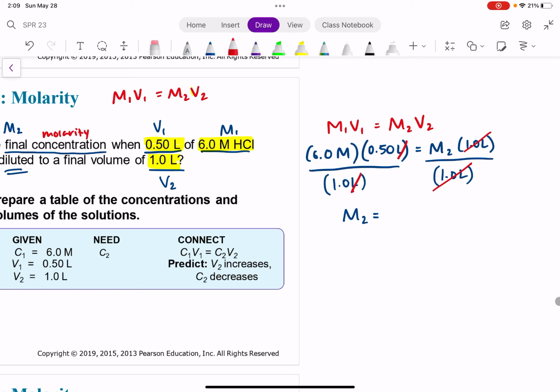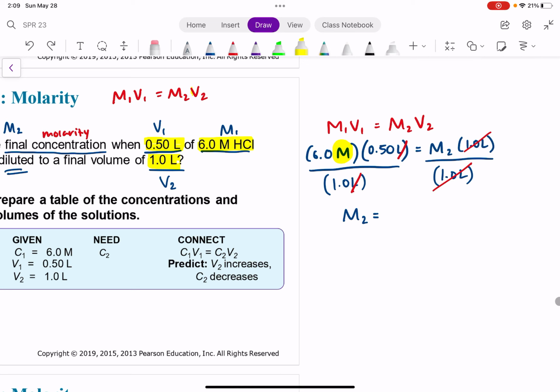This is just like our dimensional analysis problems, where if we start with grams and we want to get to moles, we need to divide by grams to cancel those grams out. So we can cancel out those units, and we're left with units of molarity, which is exactly what we want. We want a final molarity. Perfect, so let's go ahead and do this calculation.